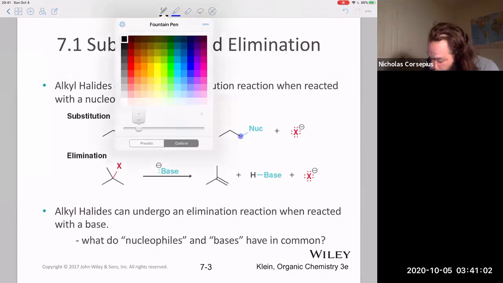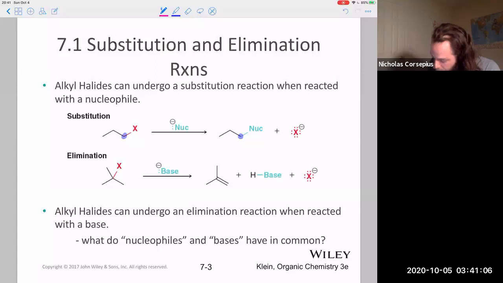Importantly, the hydrogen that's being removed is actually from one carbon over. So not that same carbon where the halogen was bound, it's being removed from its next door neighbor. That's where that hydrogen comes from. And those electrons are going to come down and form a double bond, or a pi bond.